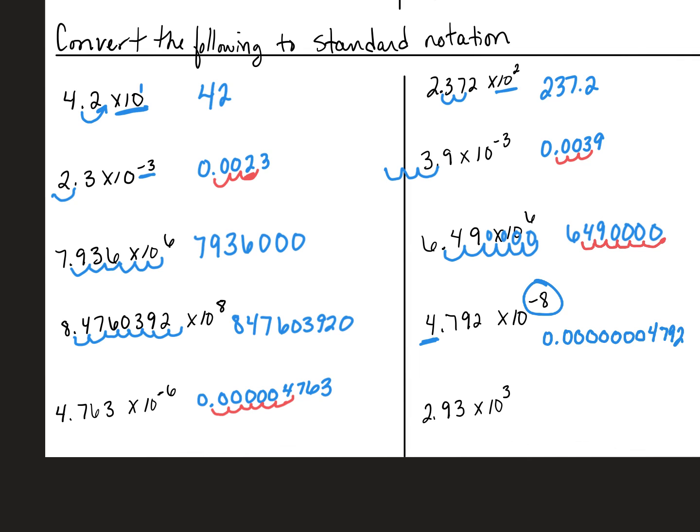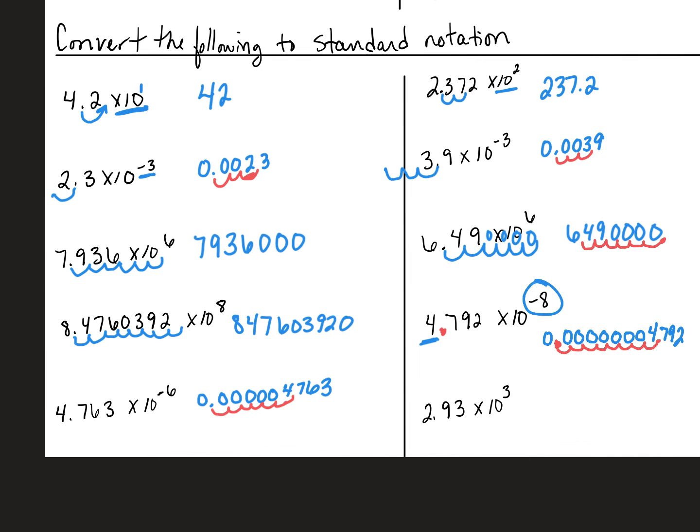Let's check ourselves on that. We go 1, 2, 3, 4, 5, 6, 7, and then see how that one takes the 8th spot? That's the reason why we add 7 zeros between this decimal point right here and where this one ends up right there.